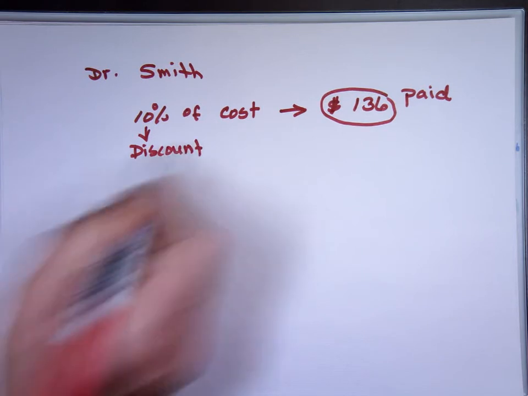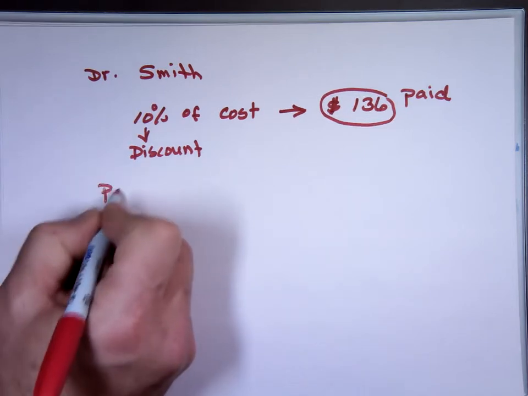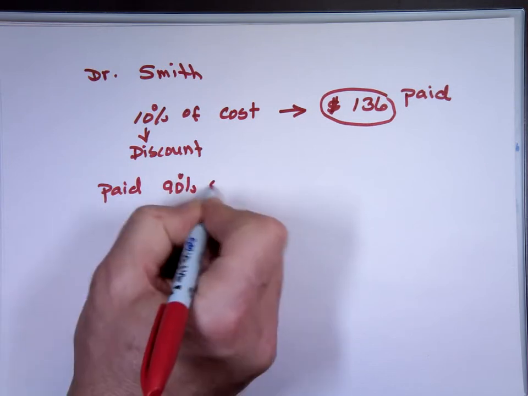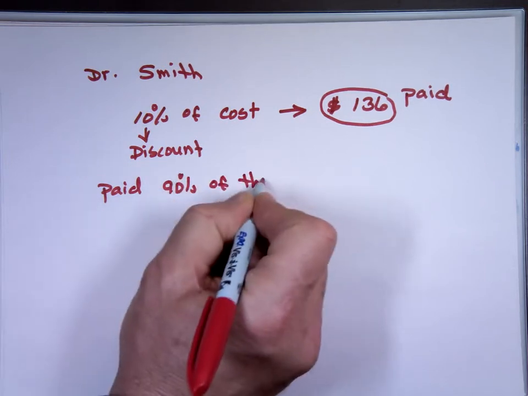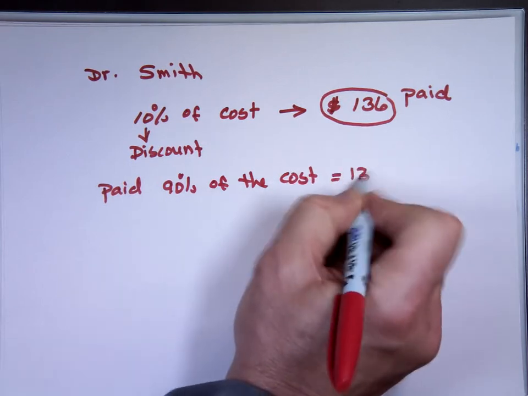Then what did you pay? What percent of the cost did you pay? Did you pay 80%? 70%? 90%. So you paid 90% of the cost. That's what you paid, which happens to be $136.